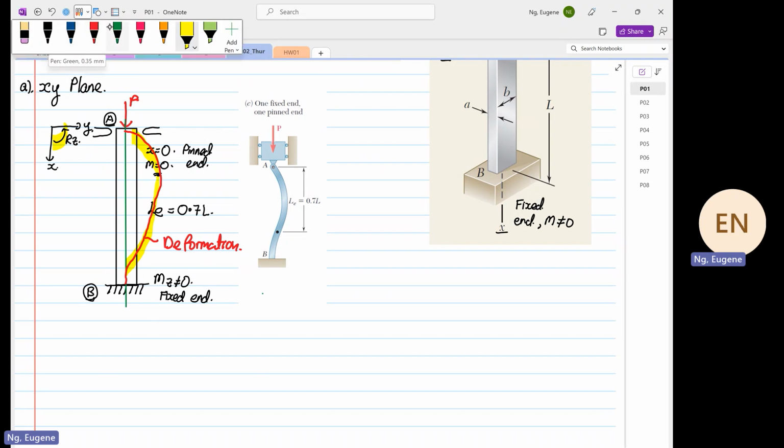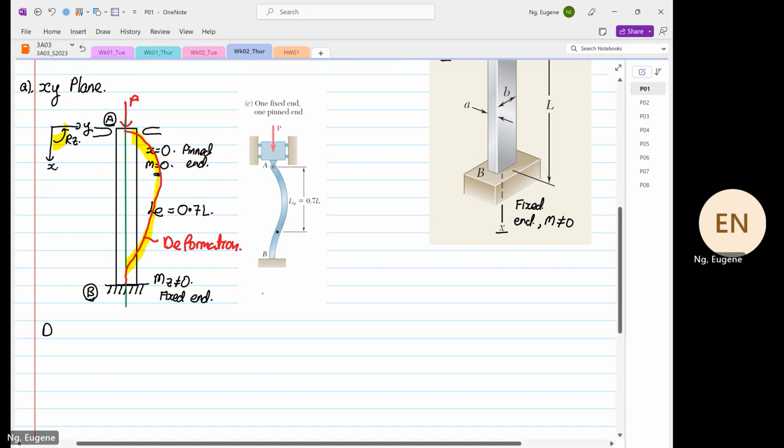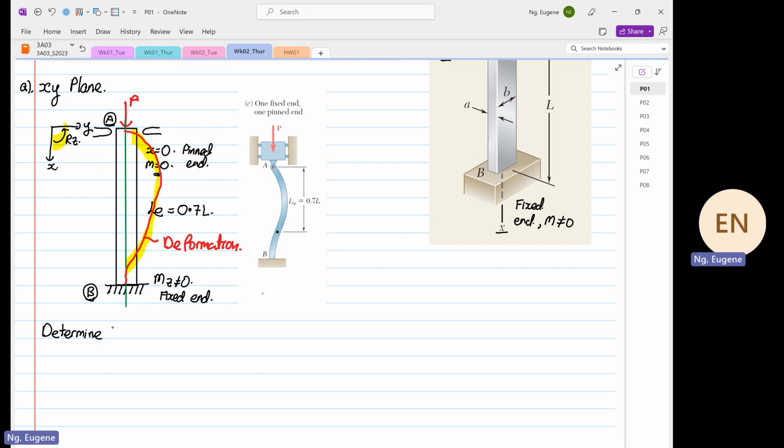So when that's the case, we have to determine IZZ. Okay, we have to use IZZ.